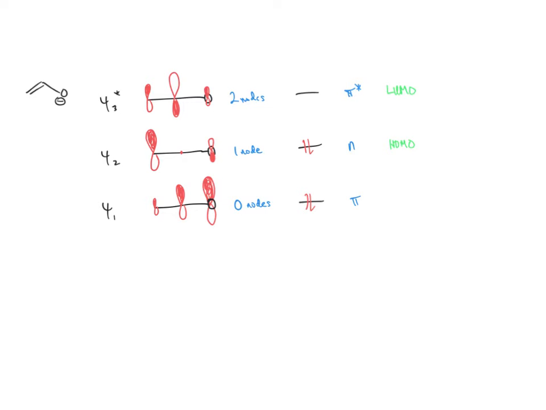Let's talk a little bit about the differences and similarities between this system and the allyl anion system. In the enolate, the molecular orbital description tells you a few things. The first thing it tells you is that the total charge, and so this would be psi1 plus psi2, the total charge is greater on oxygen.